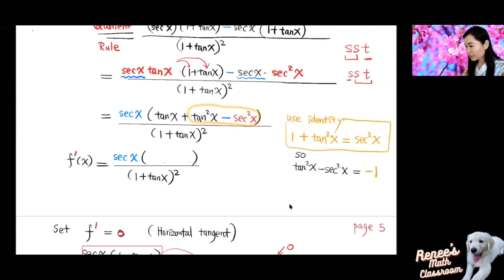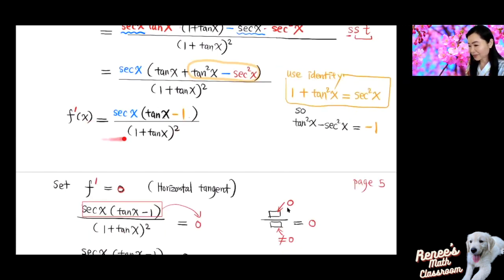We're going to simplify this using this identity, 1 plus tangent squared x equals secant squared x. So tangent squared minus secant squared will be equal to -1 from here. So we're going to replace this by -1. Now this will be tangent x minus 1. So this is the first derivative.